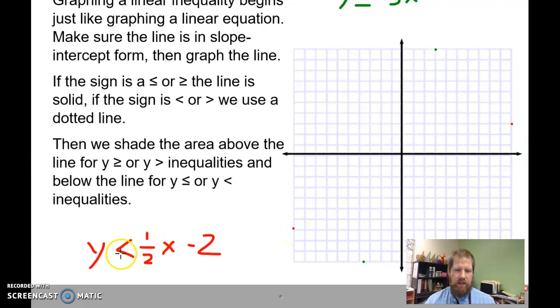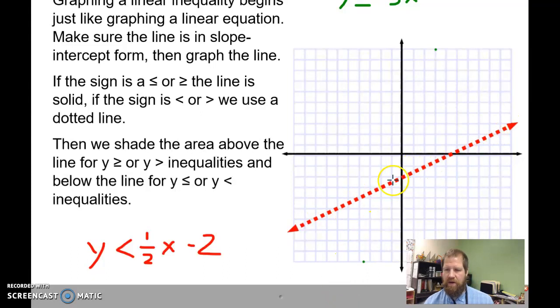Because this is a less than sign, and doesn't have an equals on it, I would be using a dotted line. That indicates that if I was going to find a solution, it could not be anything exactly on this line.